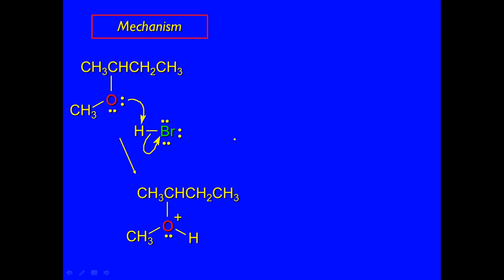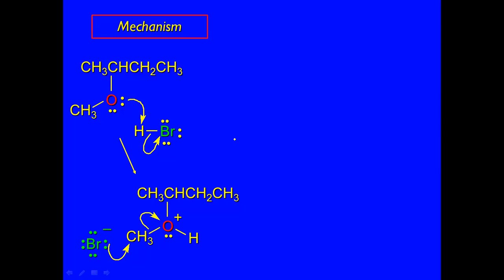This is the one which we talked about. That's the mechanism. The first step is the protonation. That was missing in the previous slide. This oxygen gets protonated so that this bond gets further polarized. Because of this oxonium ion, we need a strong acid, because ether is a weak base. It has a pair of electrons, but is not ready to donate that pair of electrons unless the acid is strong. So this hydrogen is very polarized, almost H plus, Br minus.